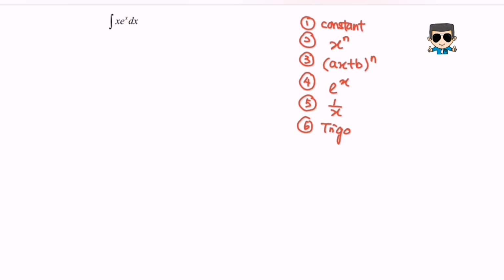So by referring to the situation where we have integrate u dv equals to uv minus integrate v du. By comparing the situation with this part, we notice that we have to find the u and the dv. So by referring to ln, polynomial, exponent, and trigo, we can determine the variable for u and also the dv.